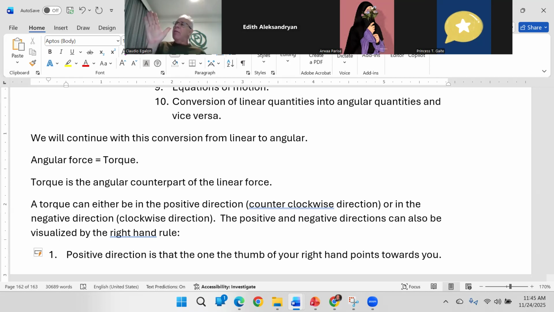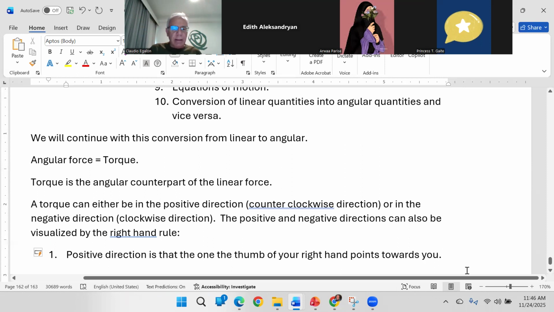Now, if you look in this direction right in here, you're still moving according to the right-hand rule, and I'm looking at the back of my hand. It is as though the palm of my hand is moving in the clockwise direction. Now I'm not looking directly at the thumb because my hand is in front of my thumb. Two different ways of visualizing the positive and negative direction: either clockwise and counterclockwise, or by applying the right-hand rule.